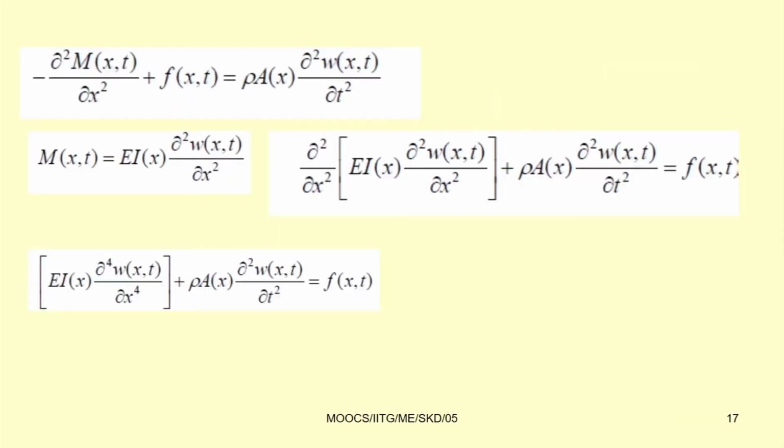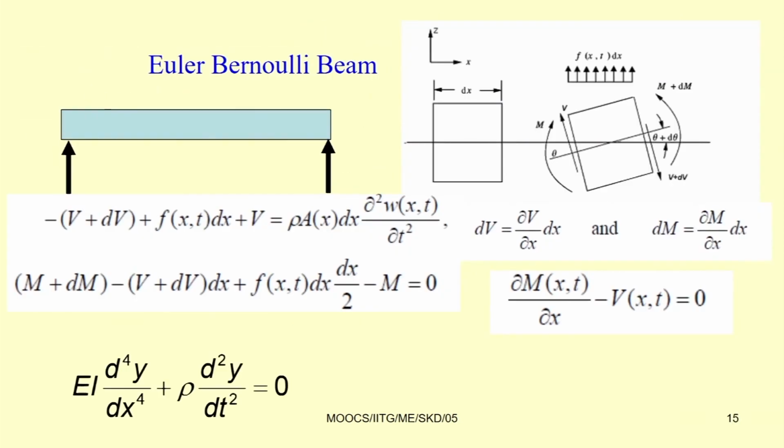So, let us see this derivation again. In some books, instead of writing F, they write the shear force as V. For the small element, the total force can be written as f(x,t) into dx, so f(x,t) is the force per unit length.